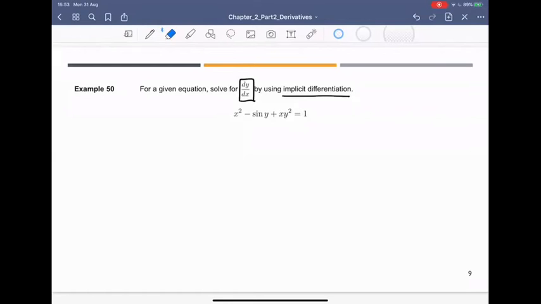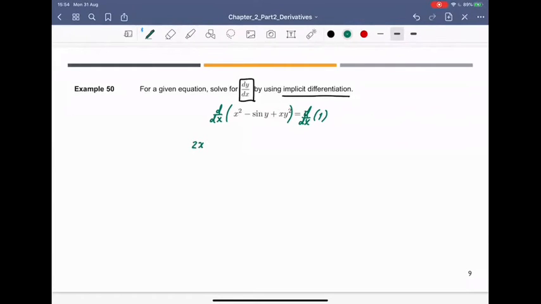This should be a quick one. I am going to differentiate both sides with respect to x, and then let's look at how it works. On the left hand side, differentiate x squared, so you get 2x.